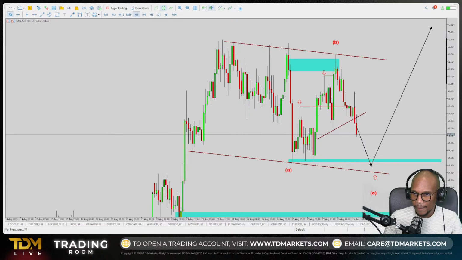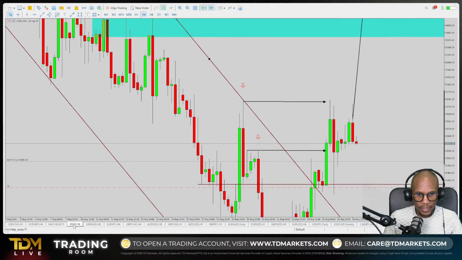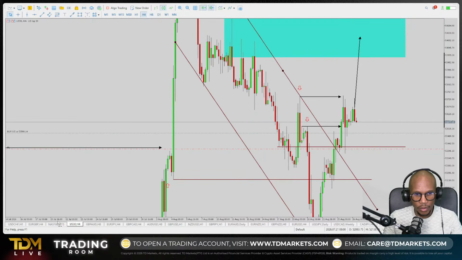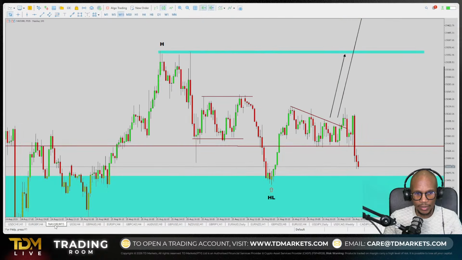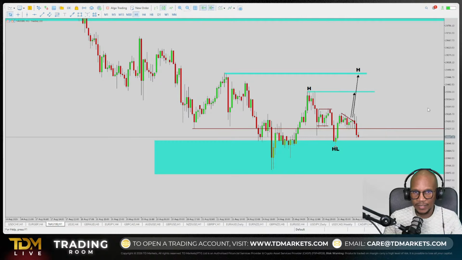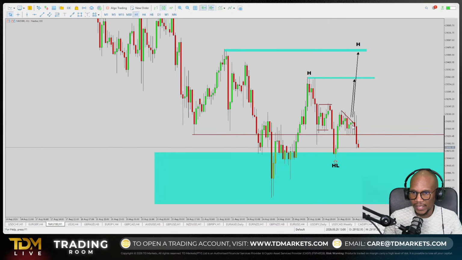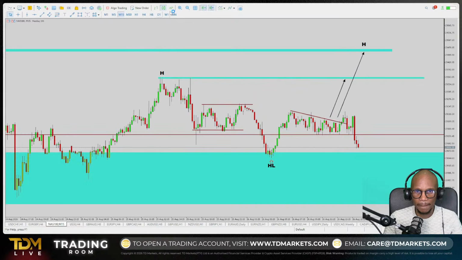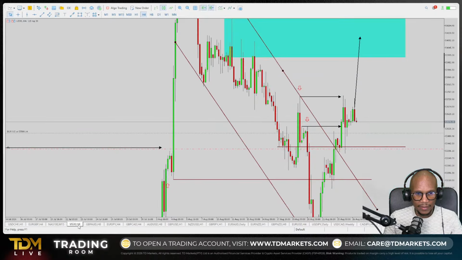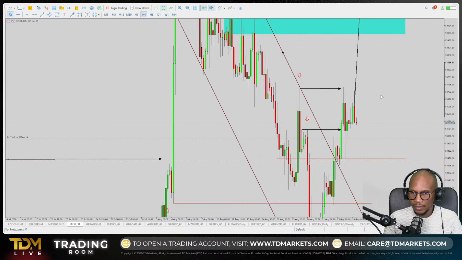If you look at the indices, US 30, they are not moving. Gold, Nasdaq and US are not moving. Look at US 30. It broke, but still came back down. Nasdaq seems like it's going to invalidate our setup. US 30 as well might just go down.